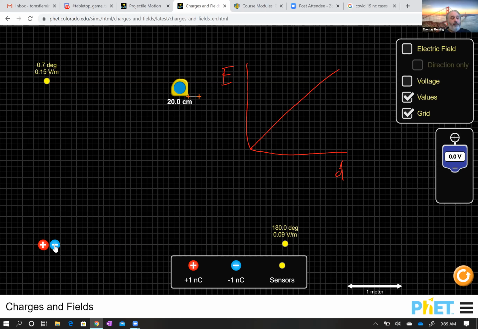Now I have 2 nanocoulombs. And again, what we expect to see is, if I plot E versus Q, I expect again to get a straight line. The slopes should be different for this point versus this point, and you're going to determine whether those comport to the theoretical values.